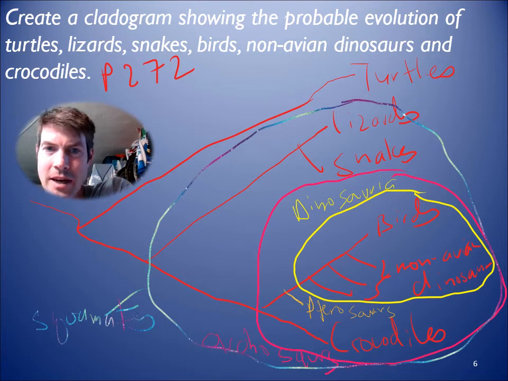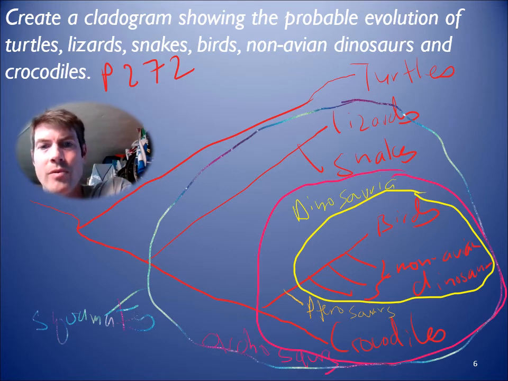And then we have this really kind of dense one. We've got birds, and then non-avian dinosaurs, and then crocodiles. And you'll see later on, Dinosauria would be this clade here, these birds and non-avian dinosaurs. And then archosaurs, we're going to include the crocodiles here.